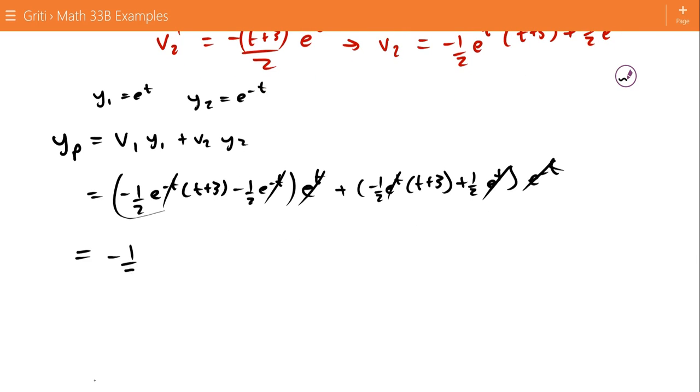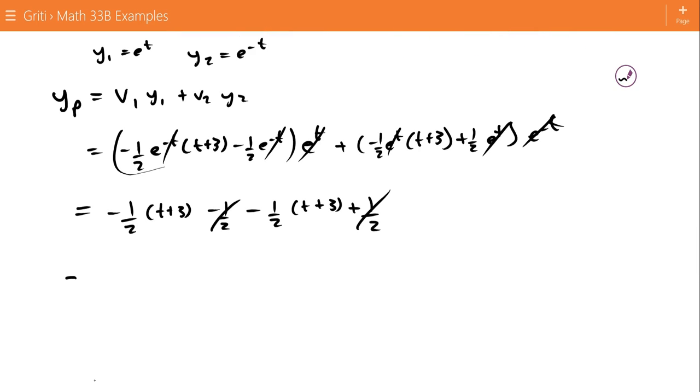This leaves us with negative 1/2 (t plus 3) minus 1/2 minus 1/2 (t plus 3) plus 1/2. The plus 1/2 will cancel with the minus 1/2, and these two negative 1/2s will give us a negative whole, negative (t plus 3). So that's our particular solution.